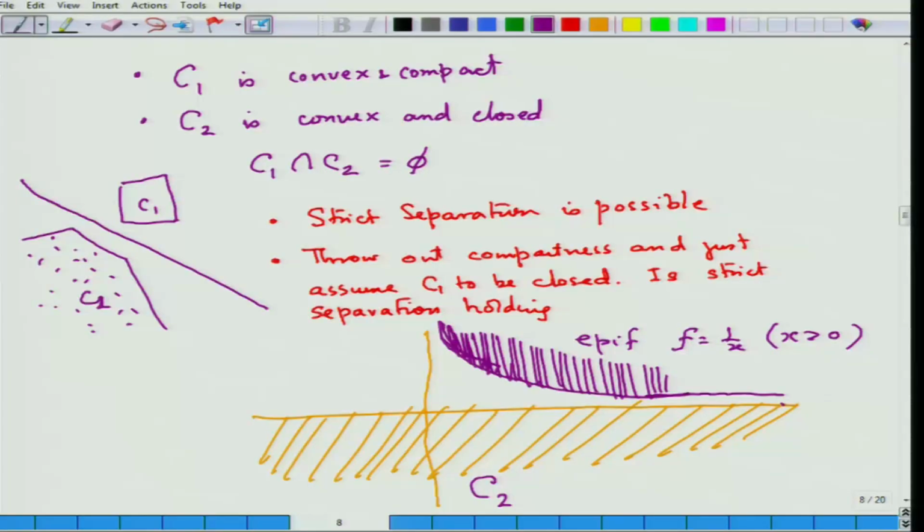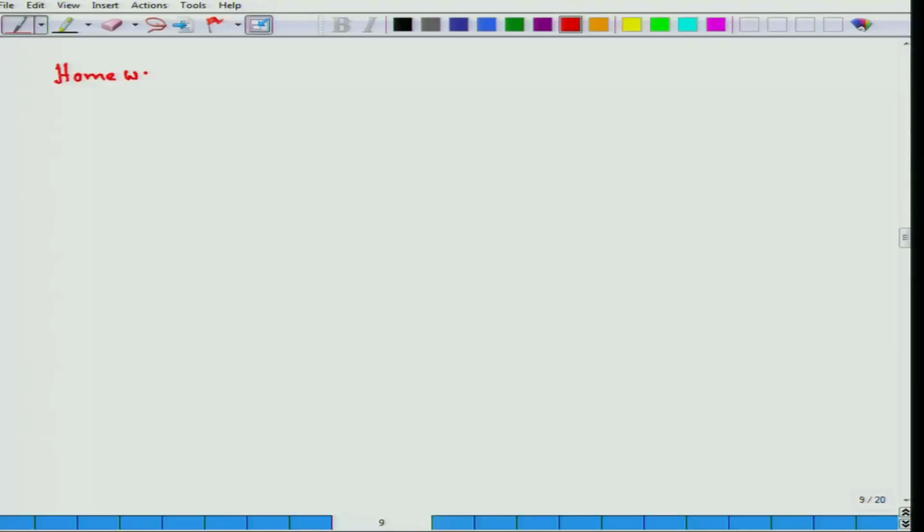So, how do you go about trying to prove this fact? This would be a partial homework for you, not a complete homework. Now, observe, consider the convex set C1 minus C2.